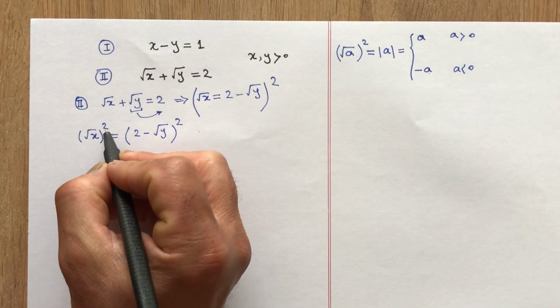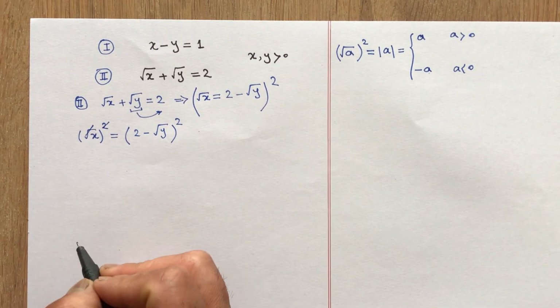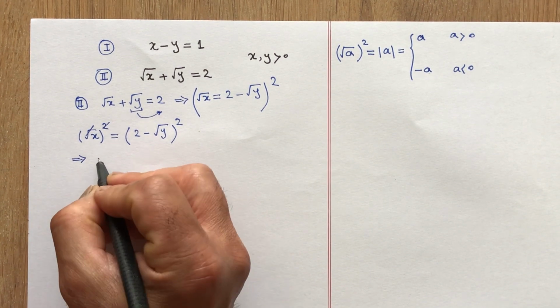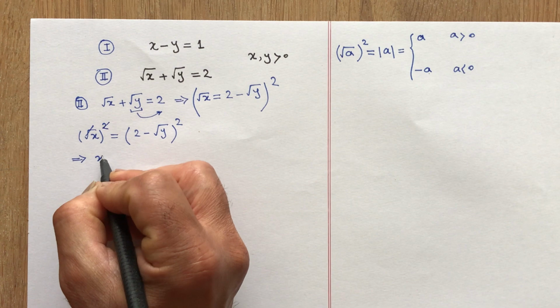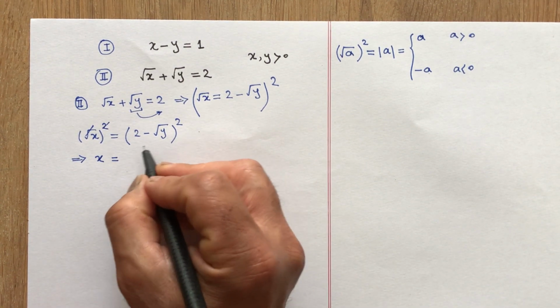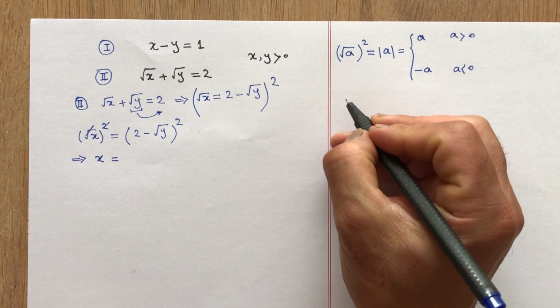So the power of 2 cancels with the radical, and the left side just remains x, equal to this expression, which also should be raised to the power of 2. We have to consider the mathematical identity, which is very important, the basic identity in mathematics.